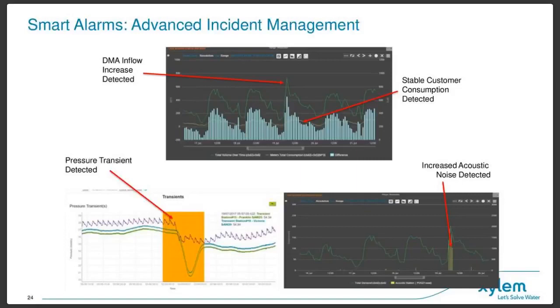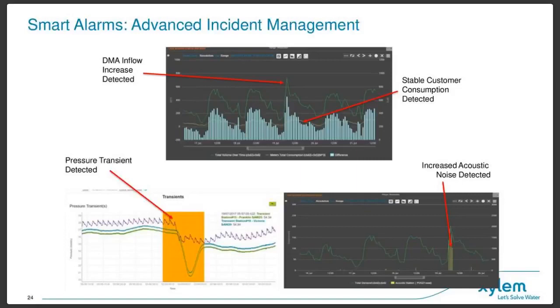But if there is other smart instrumentation within the network, such as hydrophones that are collecting data maybe multiple times per day, that increase in flow can be correlated with the acoustic noise as well. That gives another layer of indication as to whether this is really a leak or a burst.